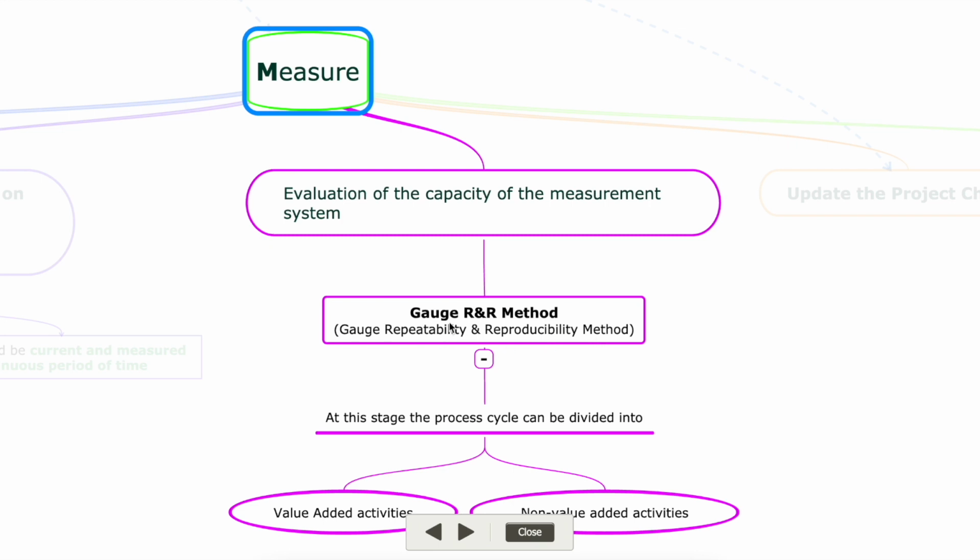So repeatability is very important, and the same is true of reproducibility. So this method is called the gauge R&R method, and at this stage, when we are using the gauge R&R method to evaluate the capacity of our measurement system, we can divide the process cycle that we are assessing into two types of activities.